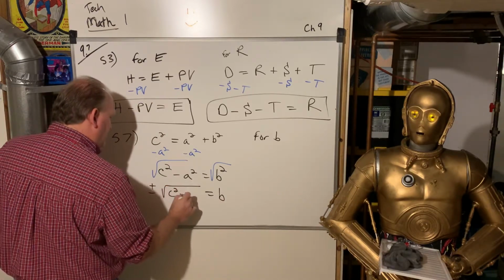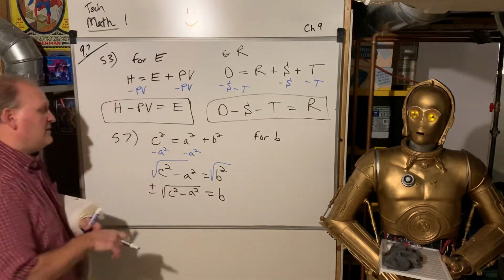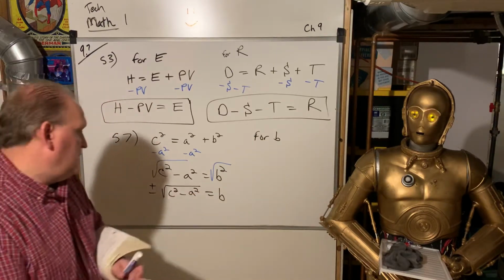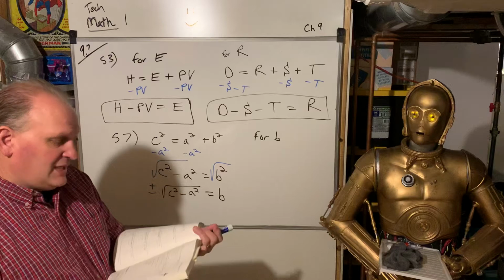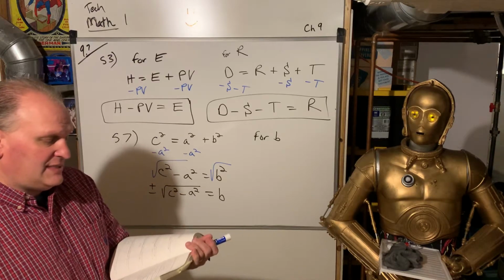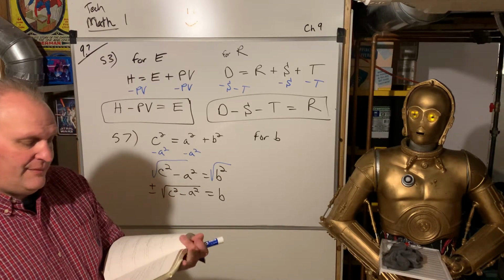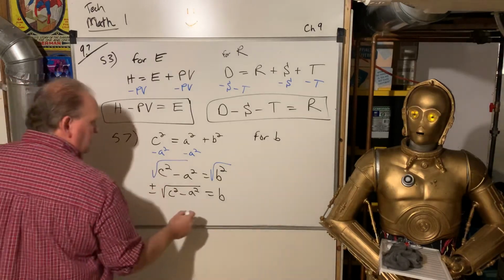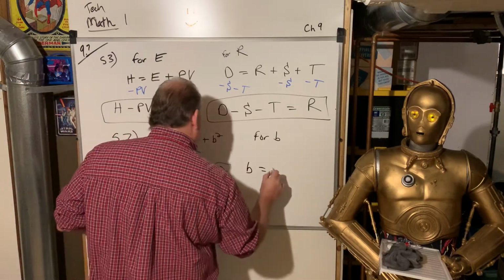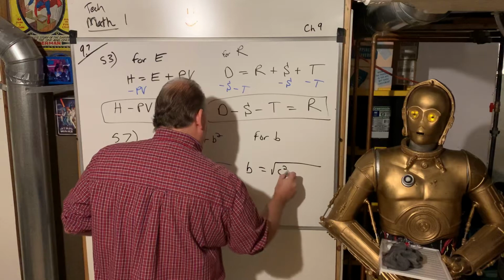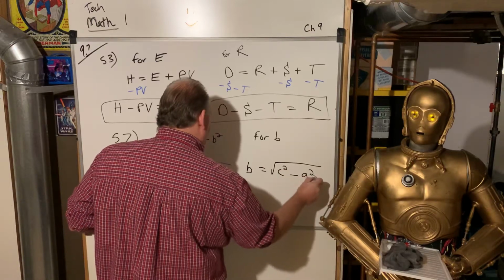And now here's the other thing that's very, very important that you understand. Because it's likely talking about a distance, we'll get rid of the negative. So this is our answer. B is equal to the square root of c squared minus a squared.